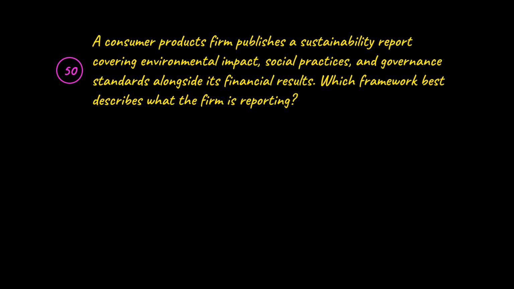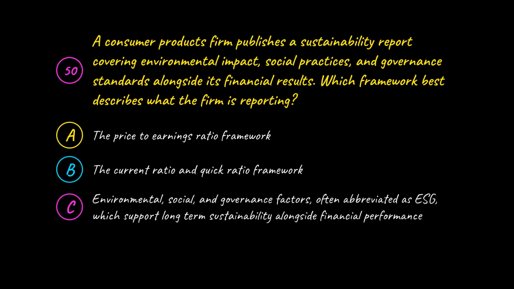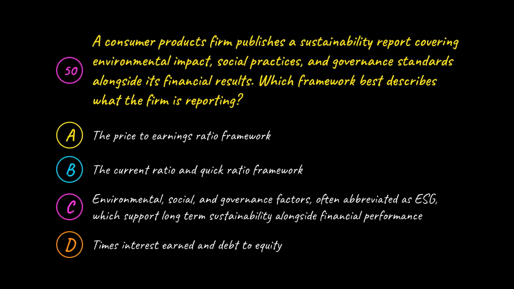Your options are A. The price-to-earnings ratio framework, B. The current ratio and quick ratio framework, C. Environmental, social, and governance factors, often abbreviated as ESG, which support long-term sustainability alongside financial performance. D. Times interest earned and debt to equity. Take a second. Which answer would you pick?